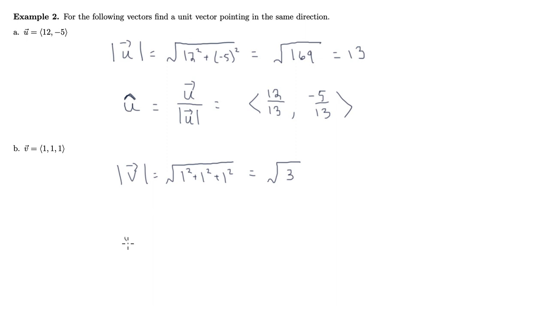And then the direction of v, so v hat, is going to be v divided by the length of v, but dividing the vector by the length of v is the same thing as just dividing each of the components of v by the length of v. So 1 over square root of 3, 1 over square root of 3, 1 over square root of 3.